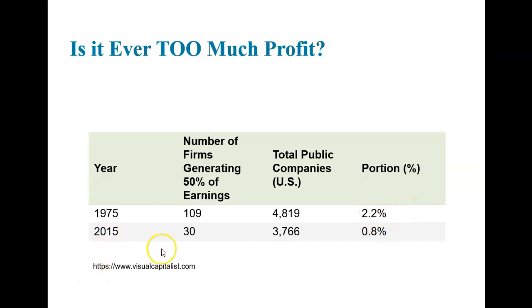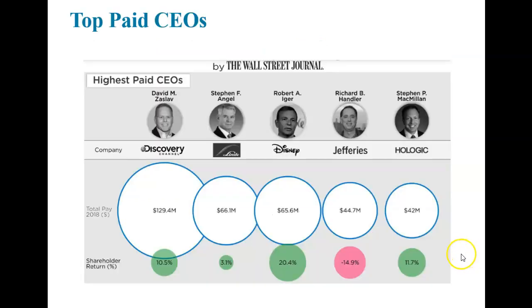In 2015, and this has actually gotten worse, or more severe, I should say, the number of firms generating 50% of the earnings dropped to 30. And there were 3,766 total public companies in the U.S. That's less than 1% of the companies making 50% of the earnings. That is what's been going on in our economy.